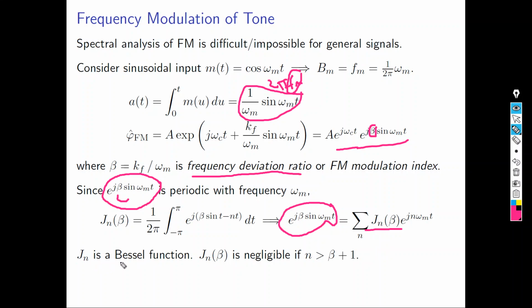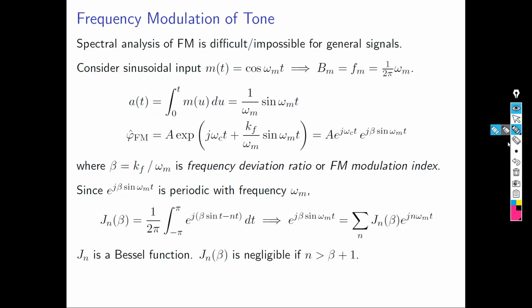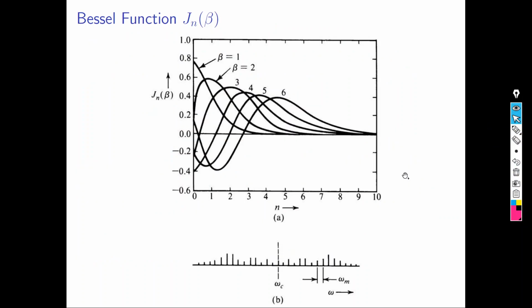J n is the Bessel function, and you can neglect it if the value of n is greater than beta plus 1. So let's draw this function and see what the shape of this function is. This is the Bessel function. When beta equals 1, the function shape is something like this. When beta equals 2, the shape changes.